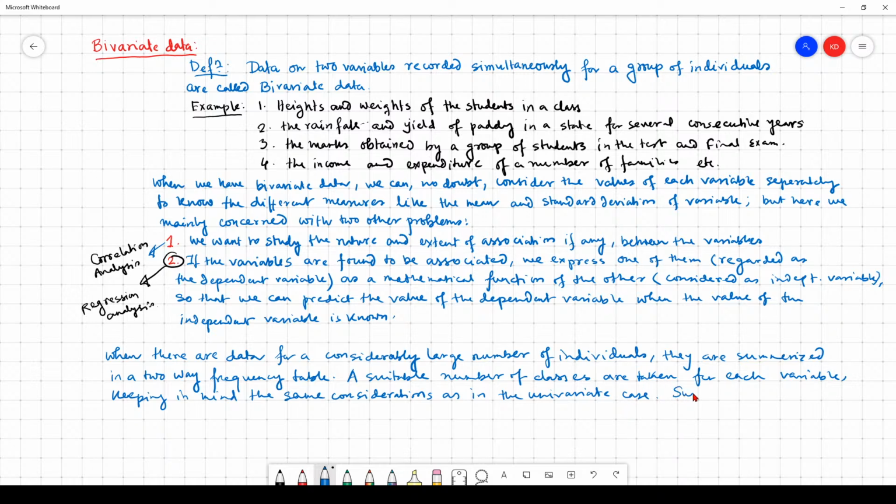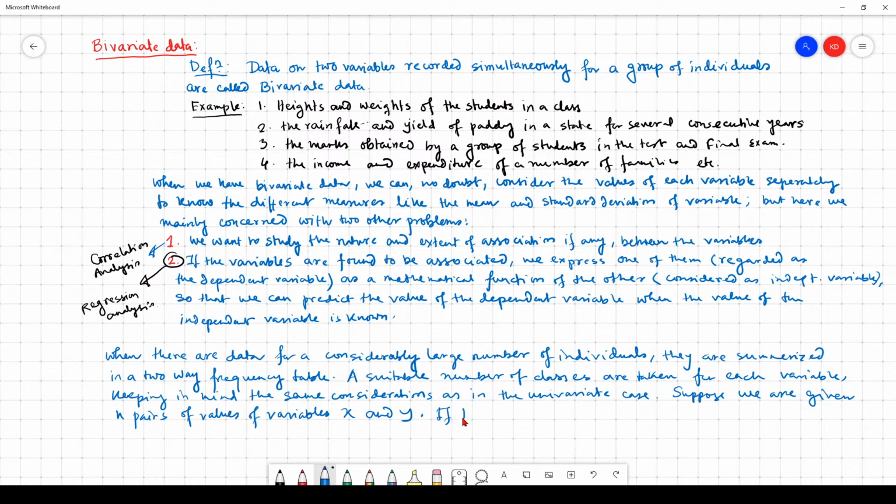Suppose we are given n pairs of values of variables x and y. There are two variables, I denote these by x and y.